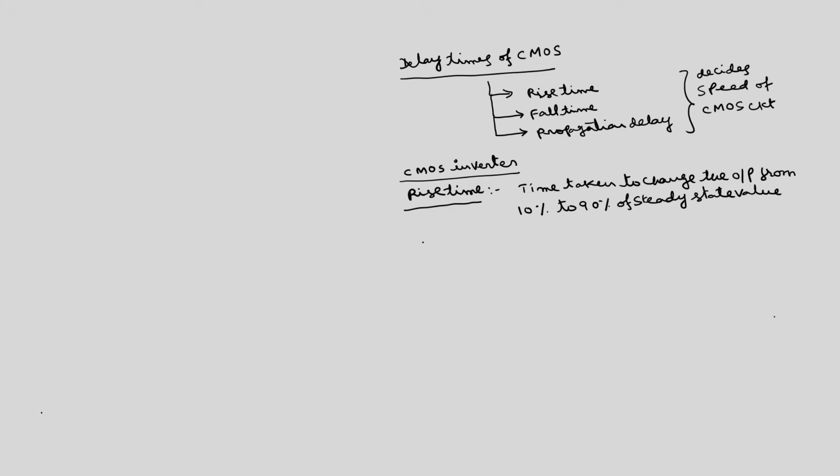For example, if I take this CMOS inverter, this is ground and this is VDD, this is the PMOS transistor, this is the NMOS transistor, this is Vin, this is Vout, which is a function of time.